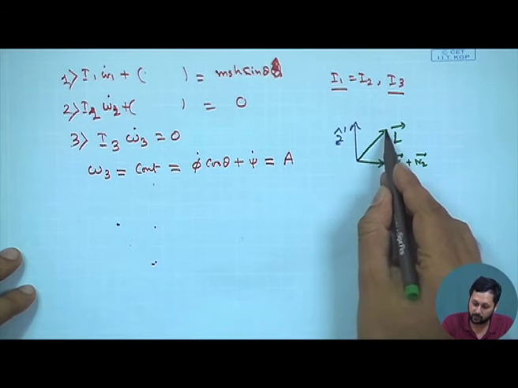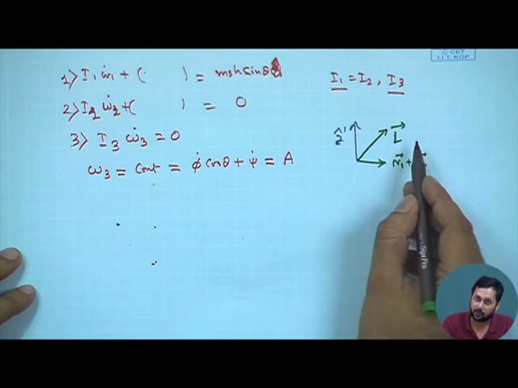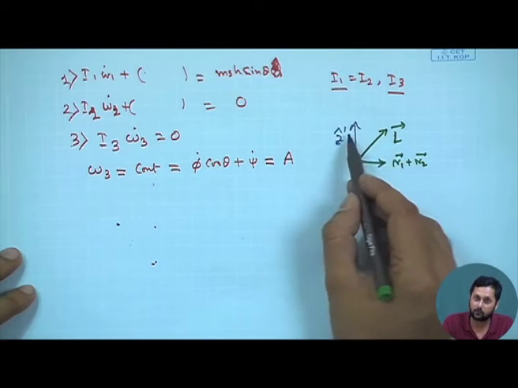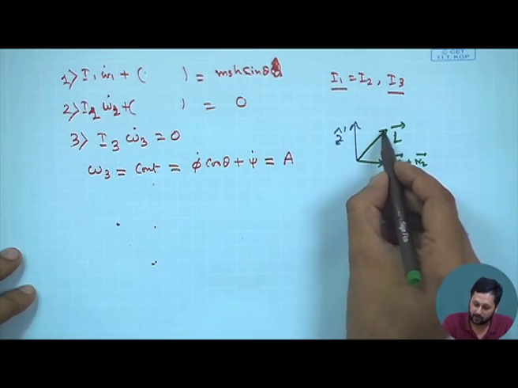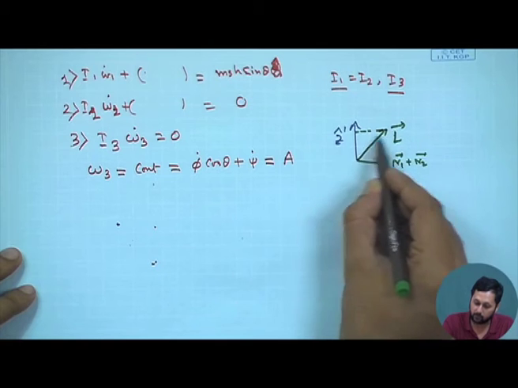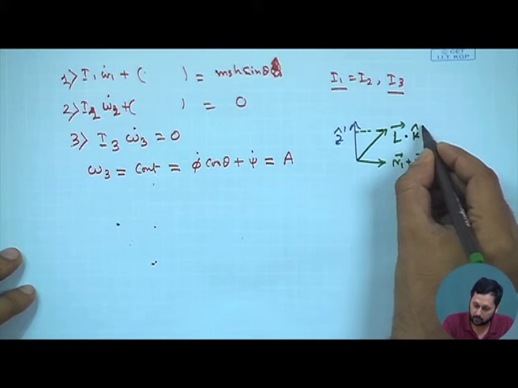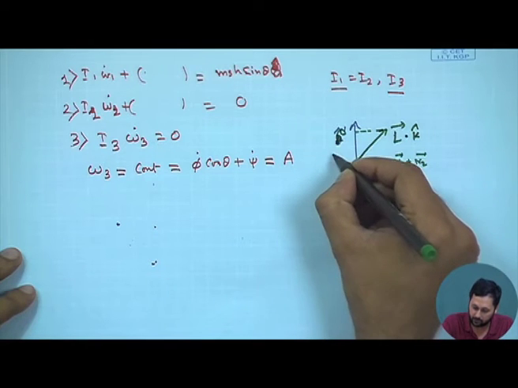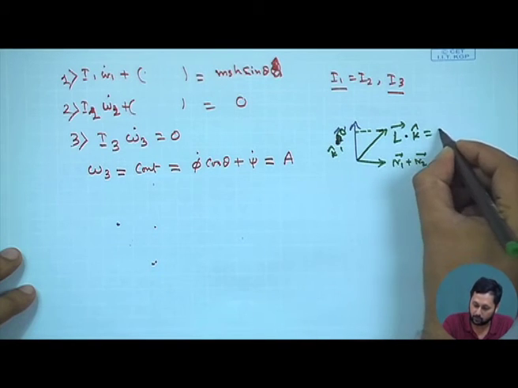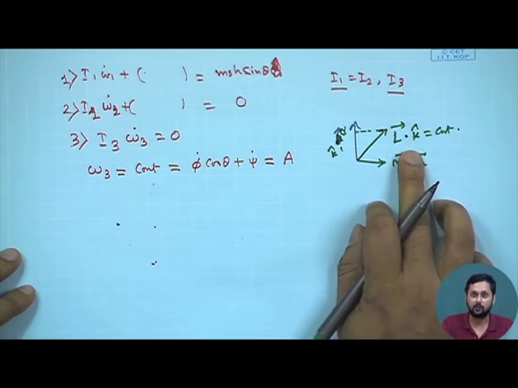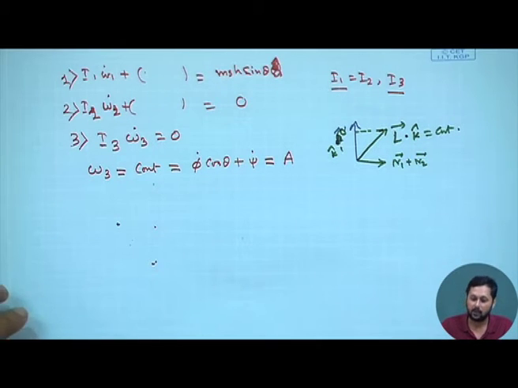So, angular momentum will change in the xy plane, but as there is no torque along the z axis, the projection of angular momentum along the z axis, which is L dot k cap, is a constant. It has to be, from the physical point of view, because please remember angular momentum can change.